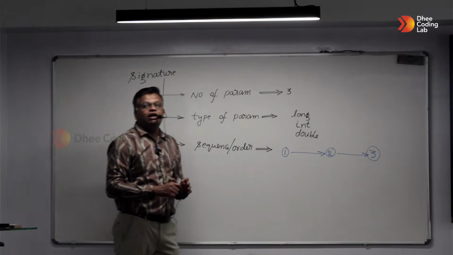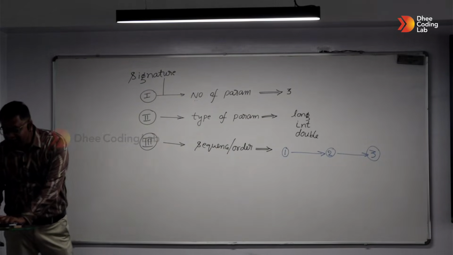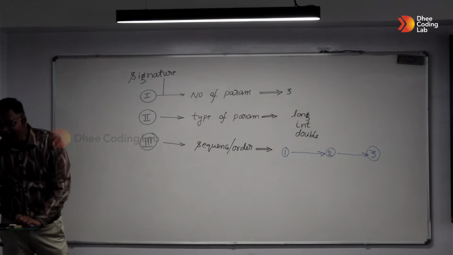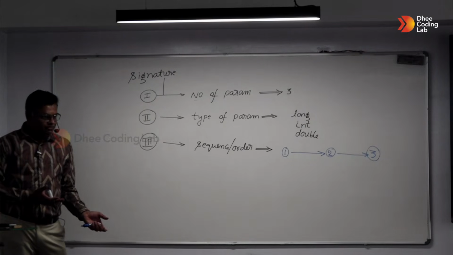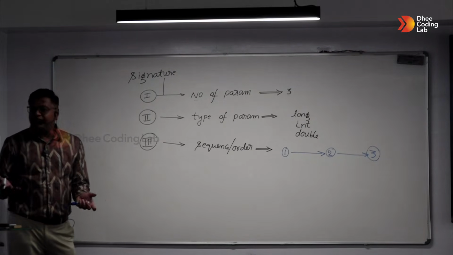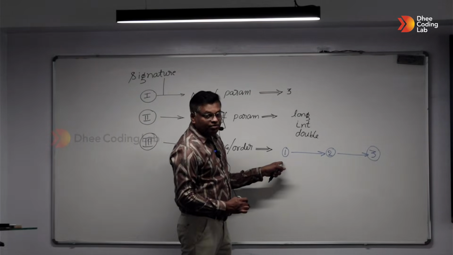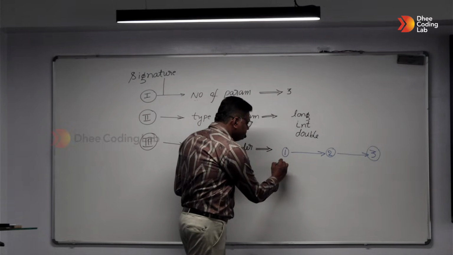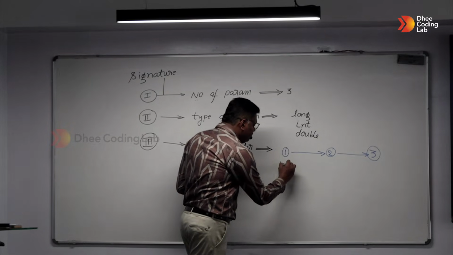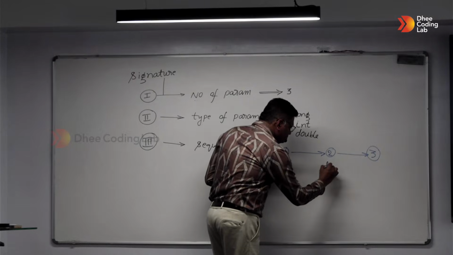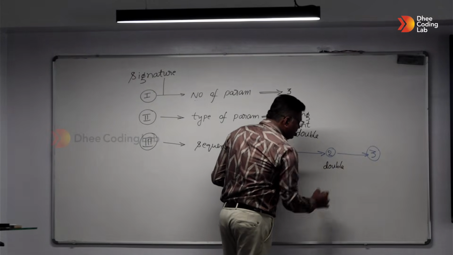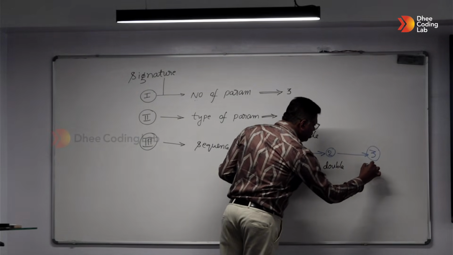So here we are not interested in the name of the parameter. Instead of I, D, L, I can take it as L, M, N. Right? A1, A2, A3. Name of the parameter can be anything. So we are focusing more on the data type. What is the first? Integer. Second one? Double. Observe the sequence. The third one is long.